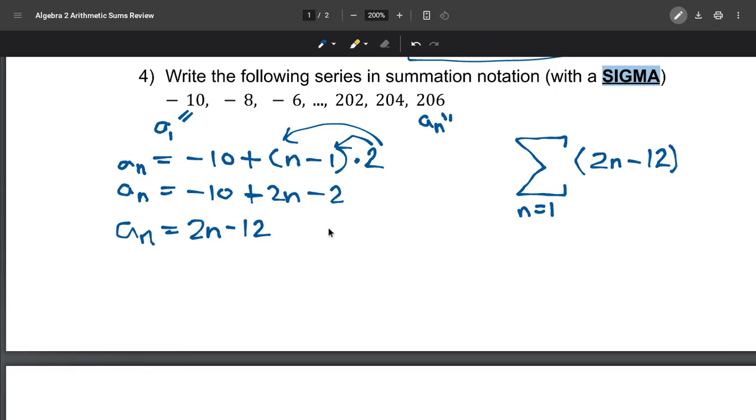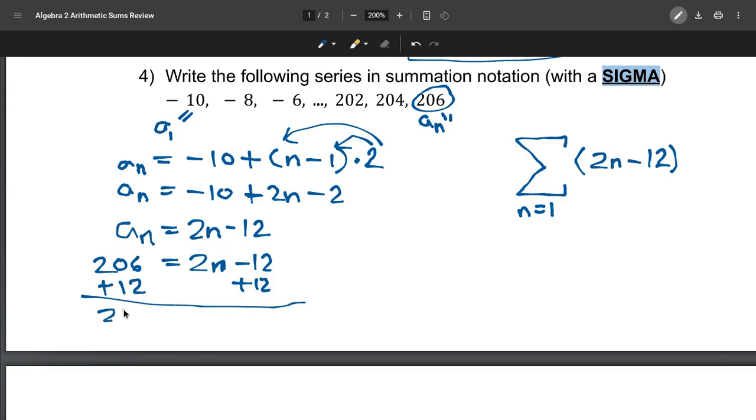And we need to know the number of terms, so we're going to have to put in a sub n 206 here. So we're going to say 206 equals 2n minus 12. Add 12 to both sides. We'll get 218 equals 2n.